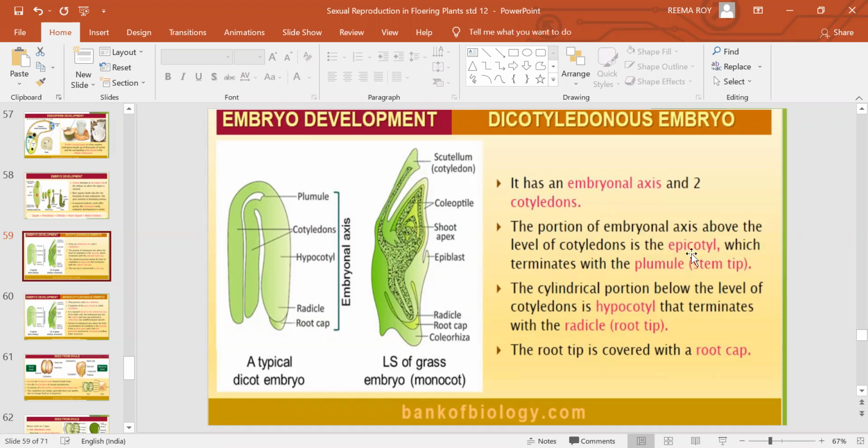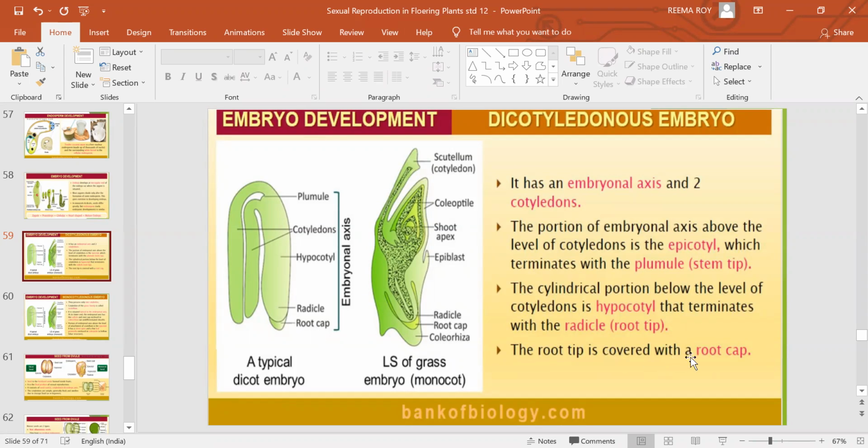Cotyledon के ऊपर जो है epicotyl, cotyledon के नीचे जो है hypocotyl. Then epicotyl terminates with the plumule, stem के tip पे. The cylindrical portion below the level of cotyledon is hypocotyl that terminates with a radicle. Epicotyl से plumule, hypocotyl से radicle, root tip.